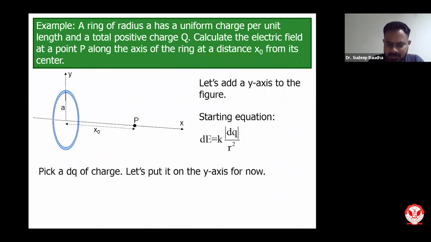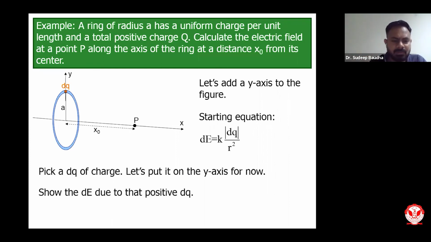So let us start with picking up dQ of charge. Let's put it on the y-axis for now. So I'm just putting it on the y-axis, as you can see. So we are talking about this small charge right now, which is on the y-axis, and this small amount of charge will produce a small amount of electric field that will be dE at point P.